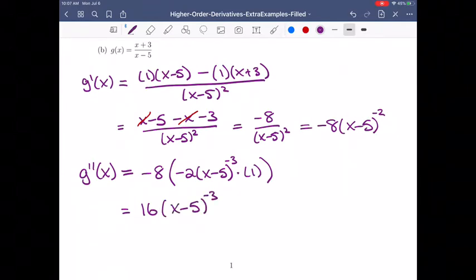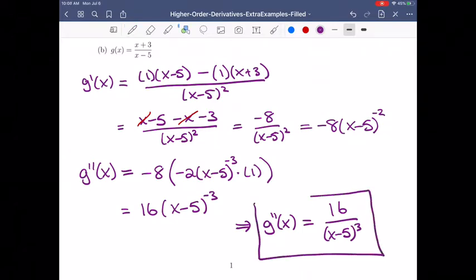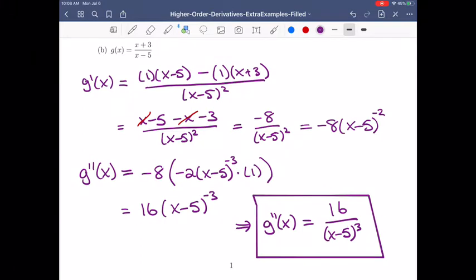So I get g double prime of x is 16 over x minus 5 to the positive 3. Good enough. If you did the quotient rule with this part, you should get this. It should simplify to the same answer.